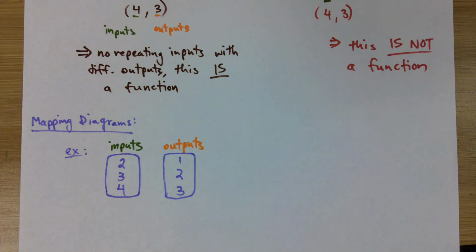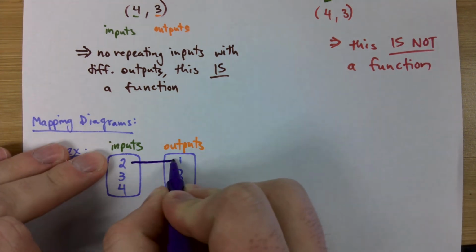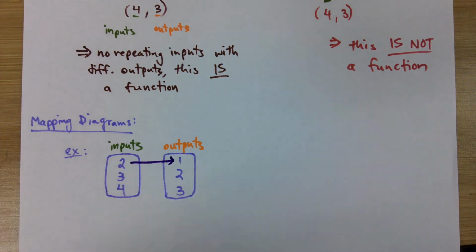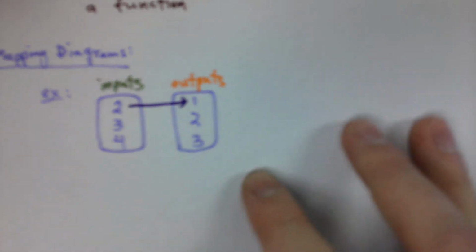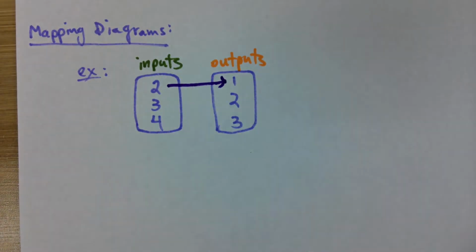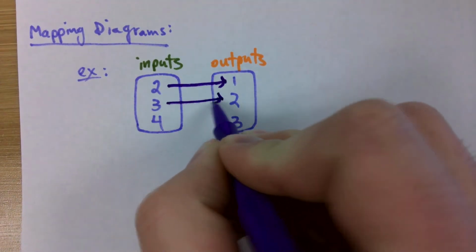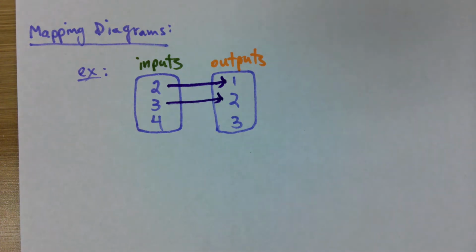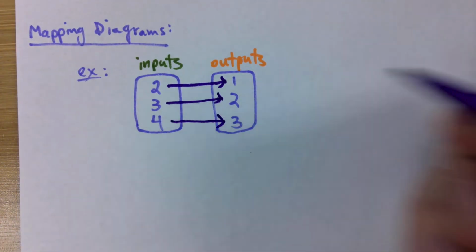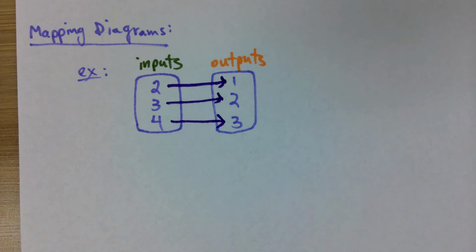So we're going to draw an arrow from the input of 2 to its output of 1. We're going to map an input of 3 to an output of 2, and an input of 4 to an output of 3. So this is what you're going to see with a mapping diagram.